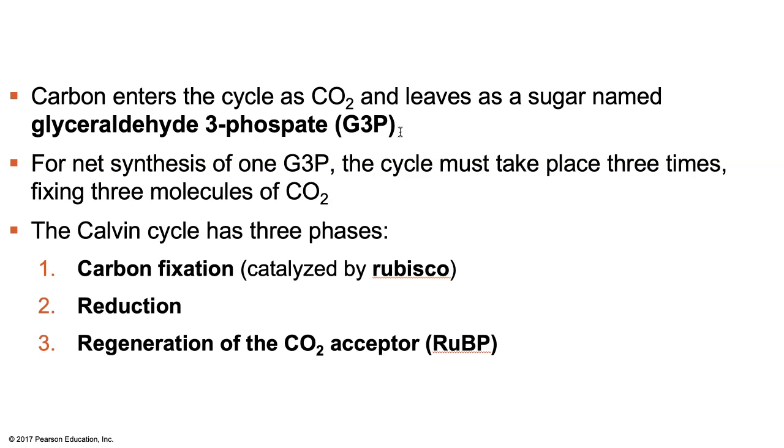So we are going to take carbon dioxide and reduce it to create a sugar called glyceraldehyde 3-phosphate, which is G3P. You also need to note how many turns of the cycle we need in order to create what we're trying to create. So for 1 G3P, the cycle has to turn 3 times, and we'll see that.